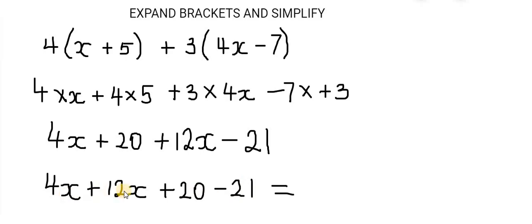4x plus 12x, that's 16x. And 20 minus 21 is minus 1. So our final answer is 16x minus 1. They're not like terms, so that's where we stop. Now, as you can see, there are other things you should have known before you get to this point.